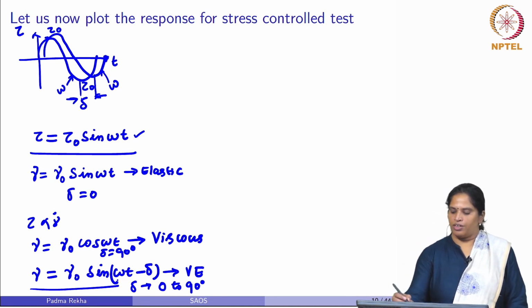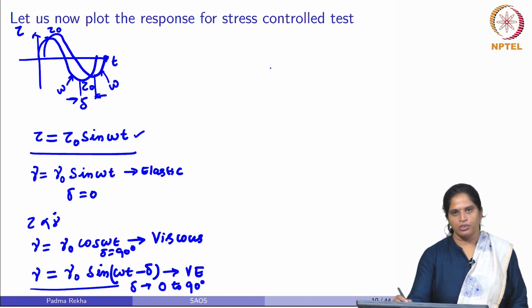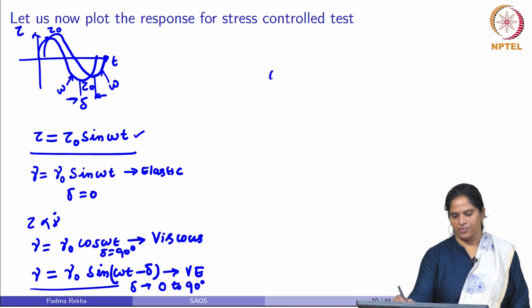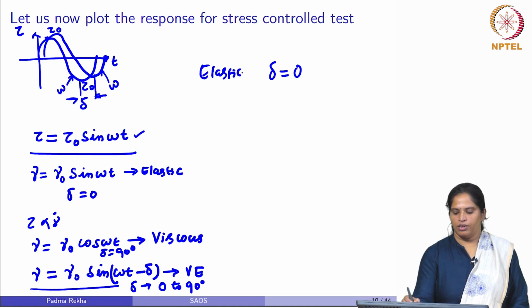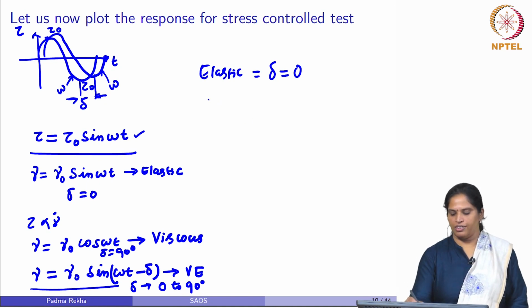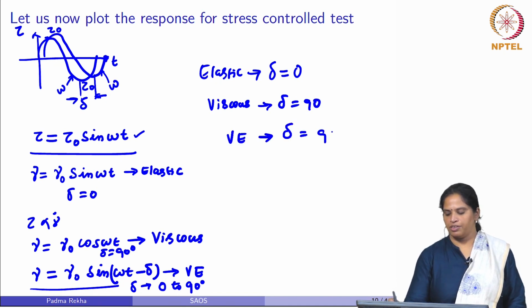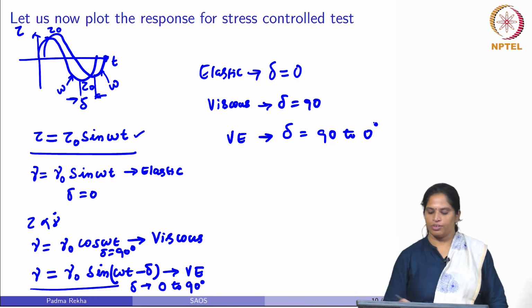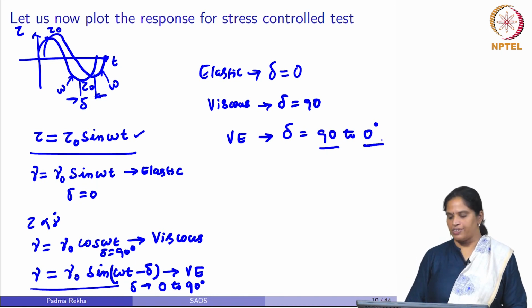So, just to quickly summarize, for an elastic material, if you subject the material to a strain control or a stress control test, it does not exhibit a phase lag, or the phase angle for this material is 0, and for a viscous material the phase angle is 90, and for a viscoelastic material the phase angle varies between 90 to 0. 90 degree is an ideal fluid, 0 degree is an ideal elastic solid.